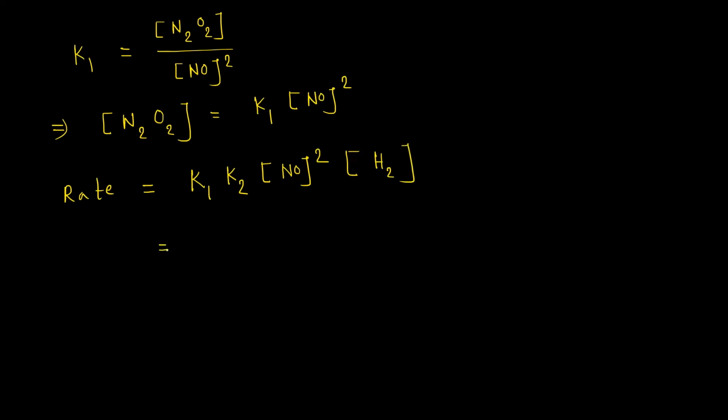This K1 K2 gives us another constant. Let's say K prime. Concentration of NO power 2 and concentration of hydrogen power 1.